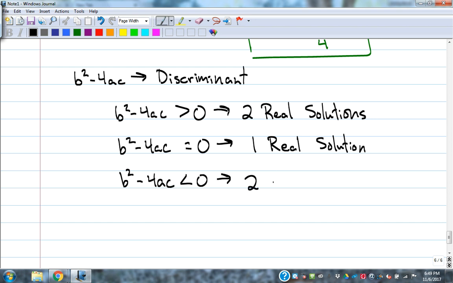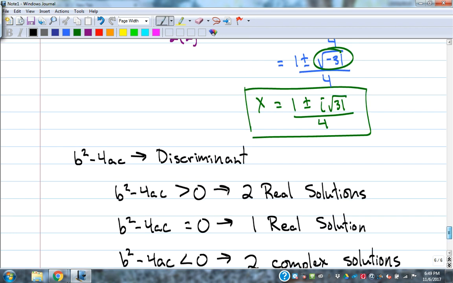That's when you have two complex numbers as your solutions. In the last example we had complex numbers because what was underneath the radical? A negative 31. So that's a negative discriminant. The discriminant being negative tells us there are two complex solutions.